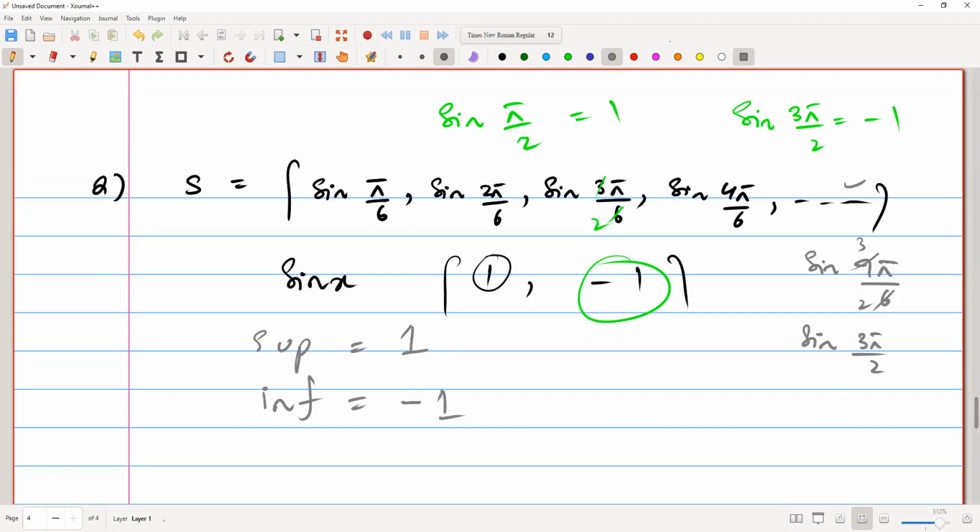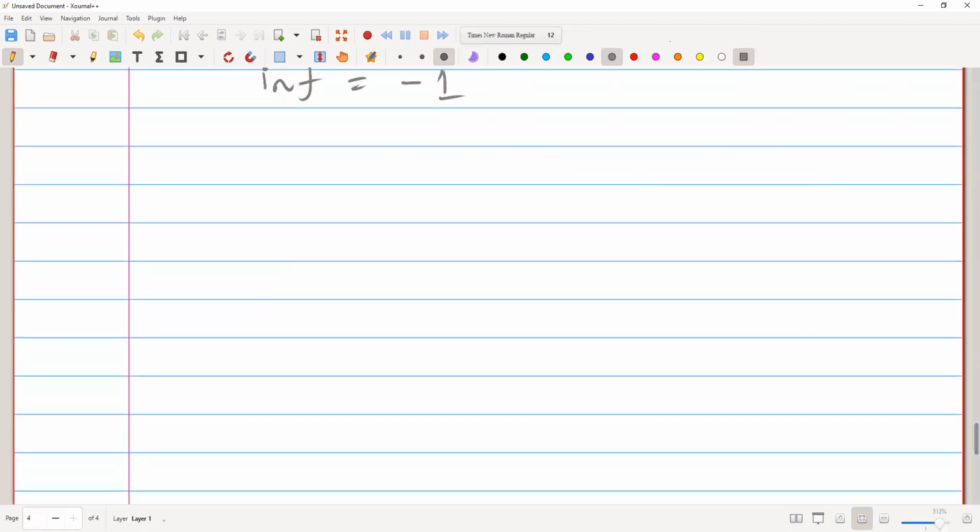So these were some examples we discussed, and one more last example that I want to discuss here is this: let the set S equal -1 to the power n times 1 over 4 minus 4 over n, where n belongs to the natural numbers.